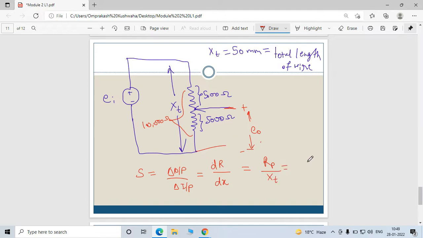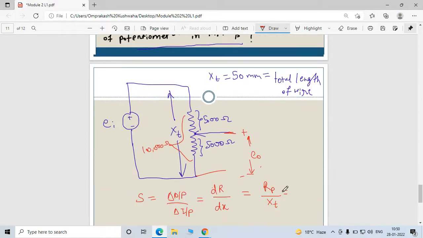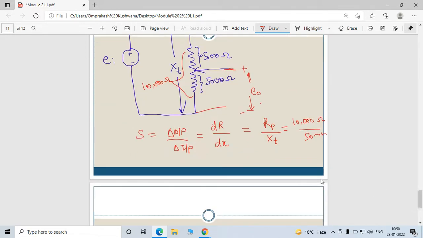Rp is given, that is 10,000 ohm, and xt is 50 mm. Please solve: what is the sensitivity? 10,000 divided by 50 is 200 ohm per mm. This is the sensitivity.